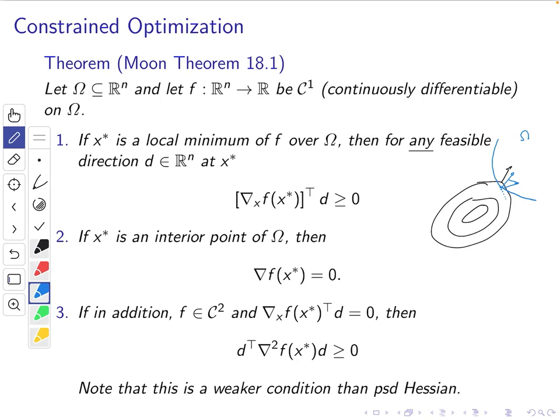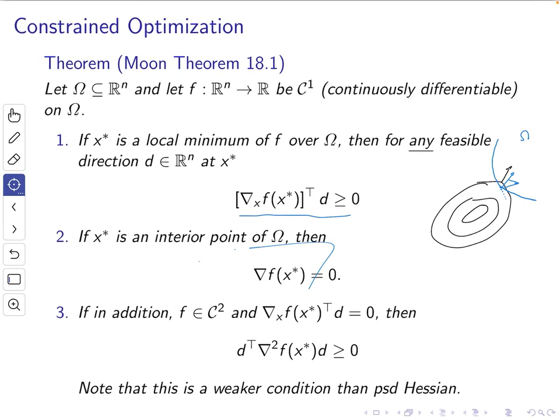So we have this theorem that says that the inner product of the gradient with feasible directions has to always be positive.